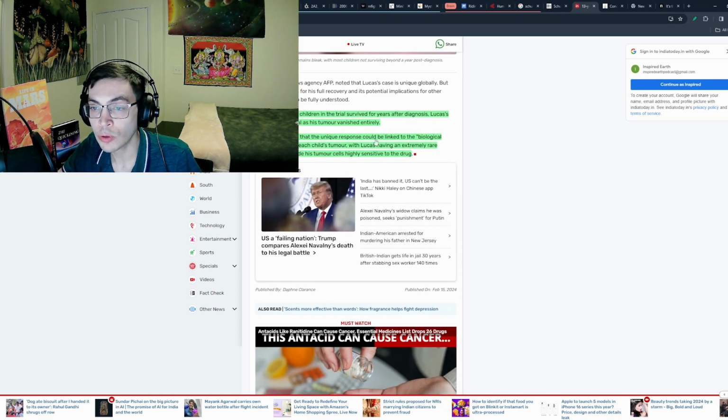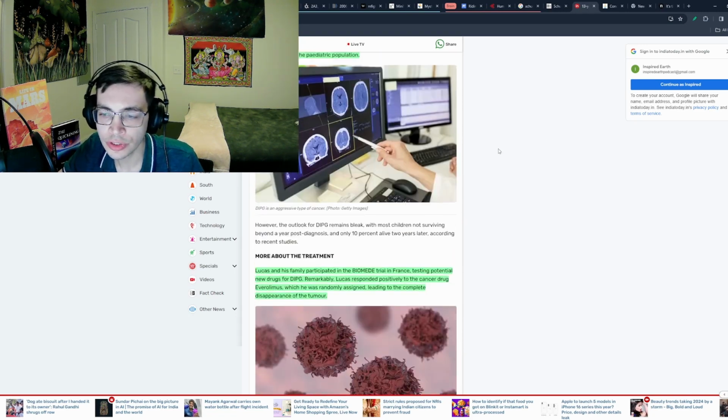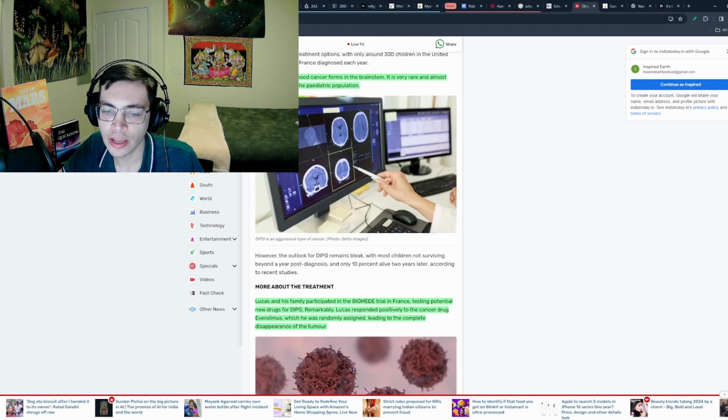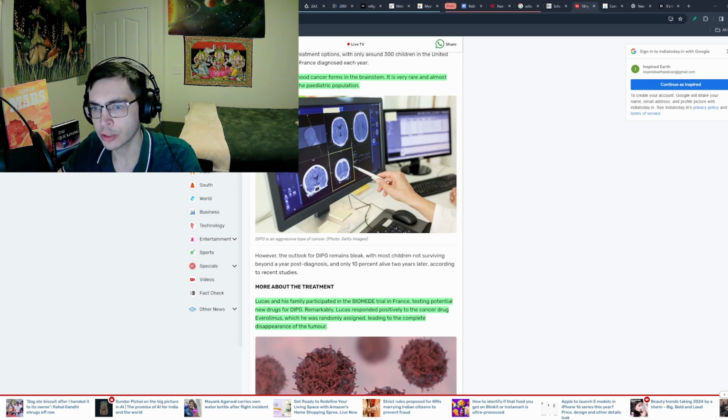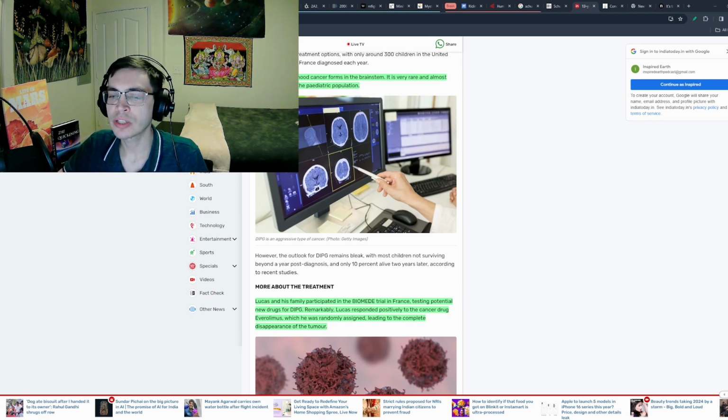So that's why this is a miracle, because even some of the other people who got this didn't have the same response. Dr. Grill suggested that the unique response could be linked to a biological particularity of each child's tumor, with Lucas having an extremely rare mutation that made his tumor cells highly sensitive to the drug. So this is kind of a highlight of why it's important for us to look into individualized cancer medicine treatment, because everybody's bodies are different.